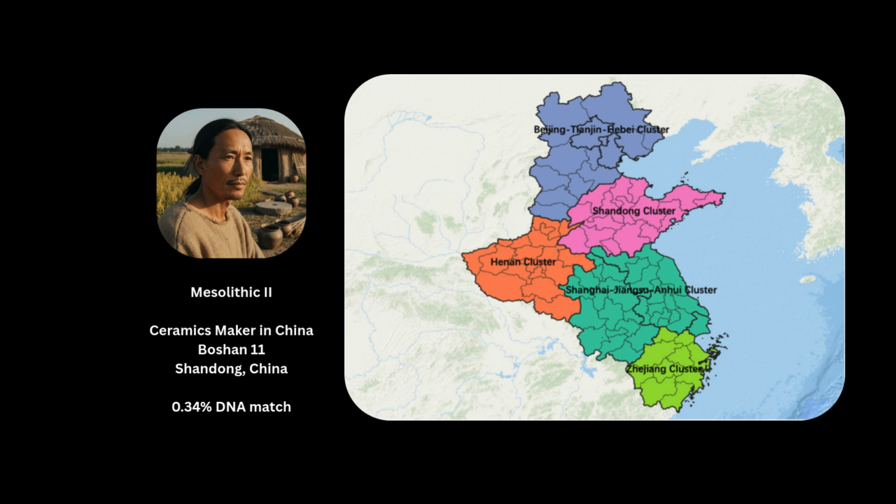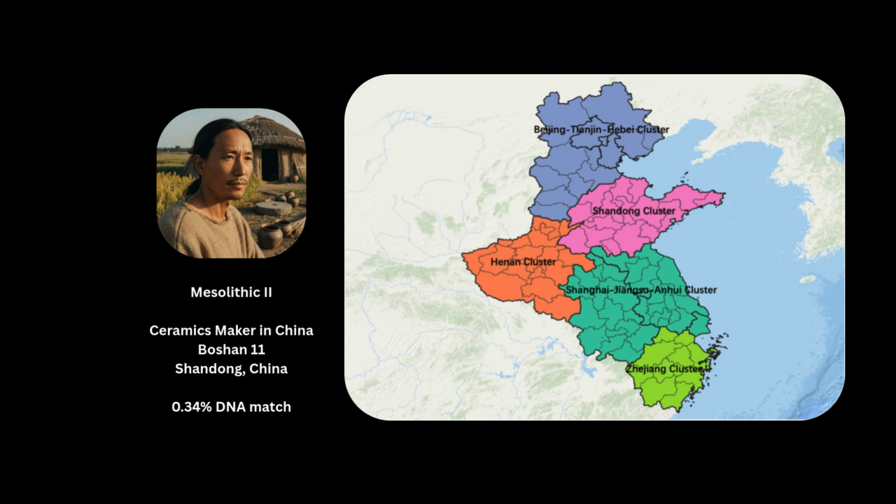Neolithic East Asians are more similar to Neolithic Siberians and Tibetans than to early Asians. Early Asians had common ancestry with Austronesian populations and Andaman Islanders.